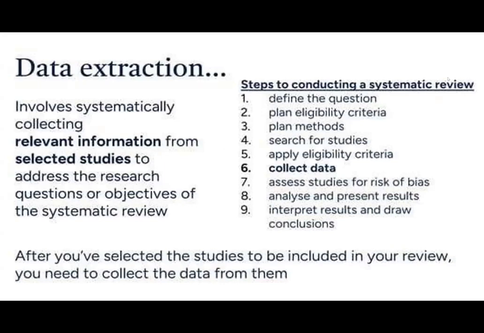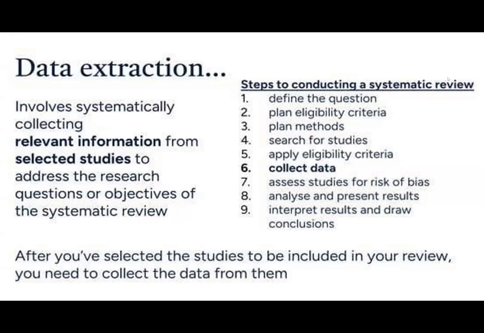As you know the steps of conducting a systematic review, from the past 4 days you have learned how to make a research question, how to build eligibility criteria, what methodology we are adopting, and what the different databases are from where the searching strategies can be done.